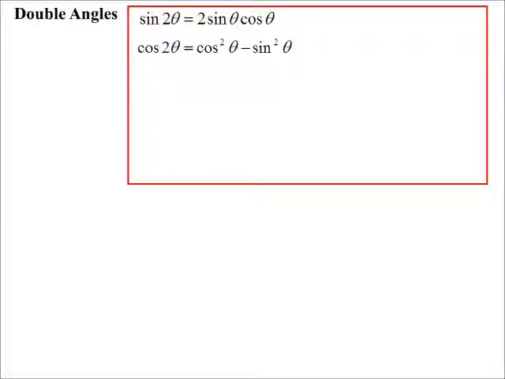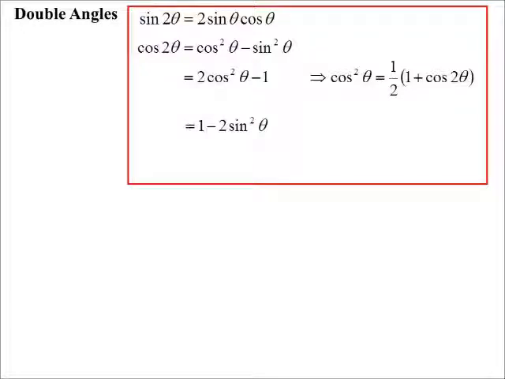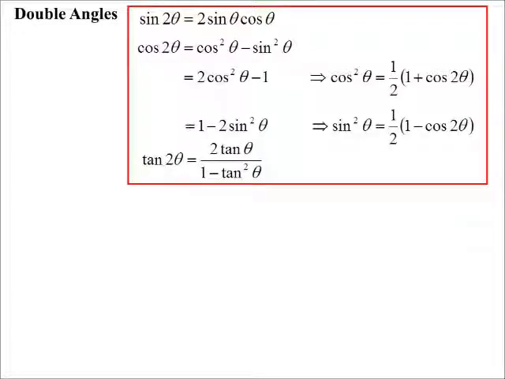Cos 2 theta, we have 2 cos squared theta minus 1. Just note this. I could rearrange that and make cos squared the subject. And we get cos squared theta is a half of 1 plus cos 2 theta. The sine squared one, I could rewrite to make sine squared the subject. And I get a half of 1 minus cos 2 theta.